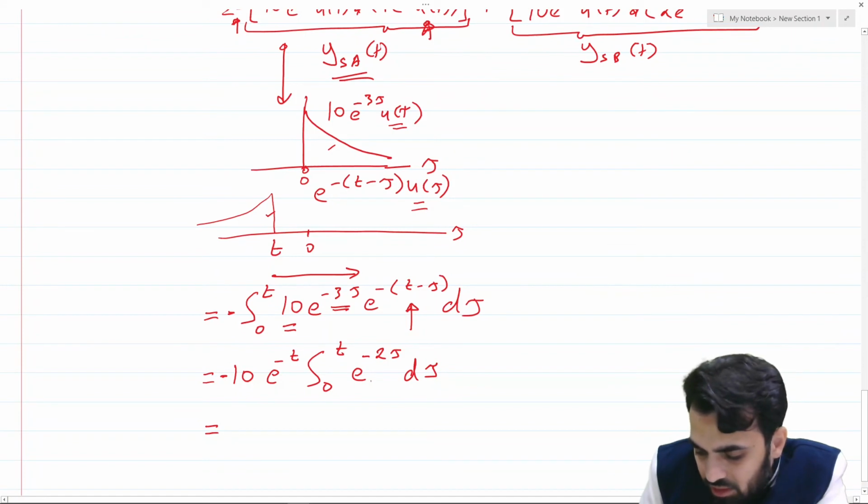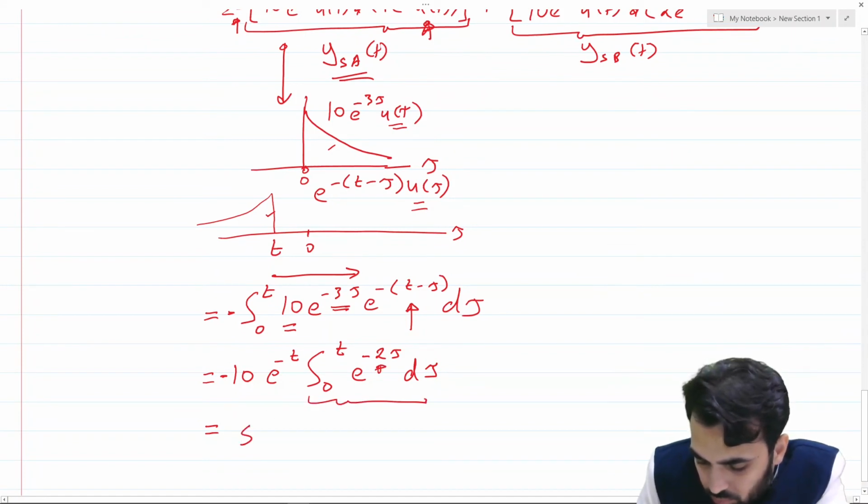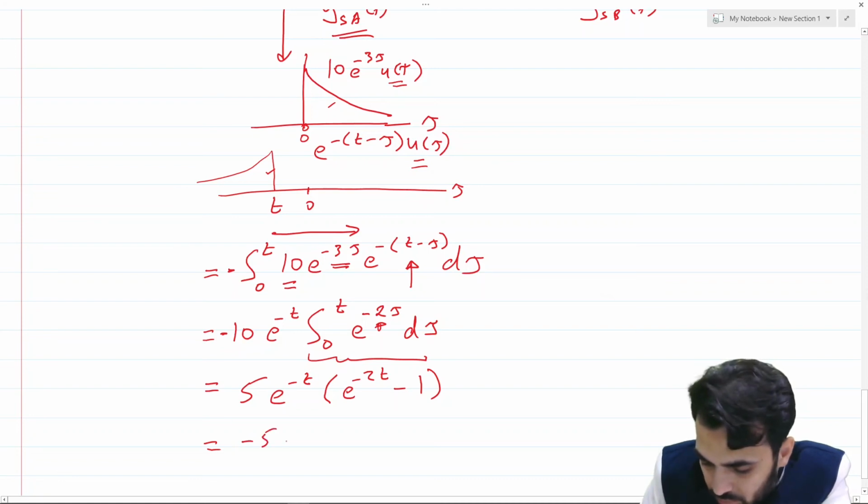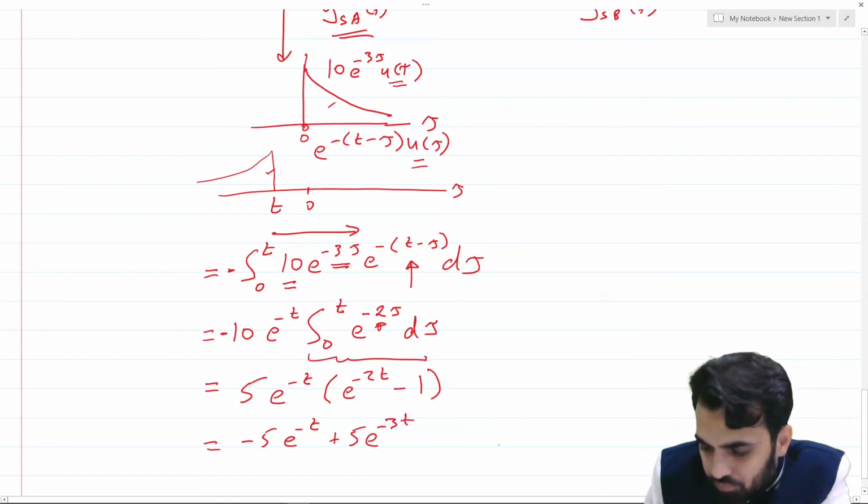Next, if we take this integration, we would have 5e^(-t)(e^(-2t) - 1), so we have -5e^(-t) + 5e^(-3t).